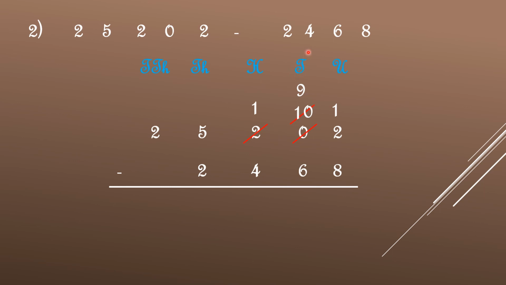From the tens, I have to take it to the units. So from the tens place, I took it to the units place, and here 9. Now 2 will go on top. So 12 minus 8 gives me 4. Now from 9, I subtract 6. I can do it. So my answer is 3.